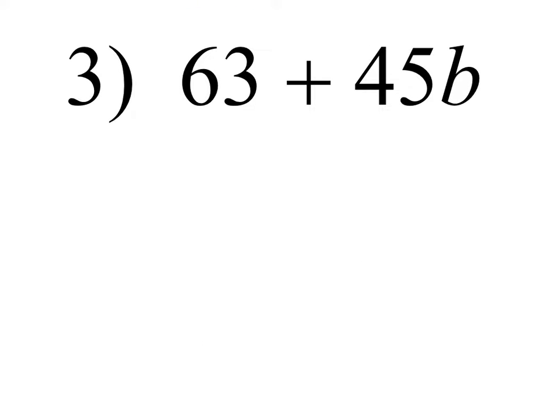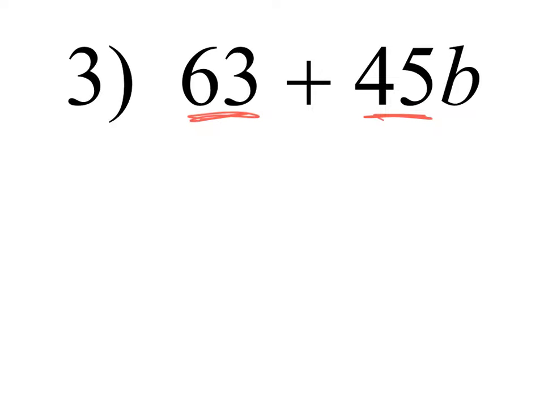All right, 63 and 45, and we have a b. I'm thinking 63 and 45. Trying to think, 63 could be 9 and 7, and then 45 is 9 and 5.